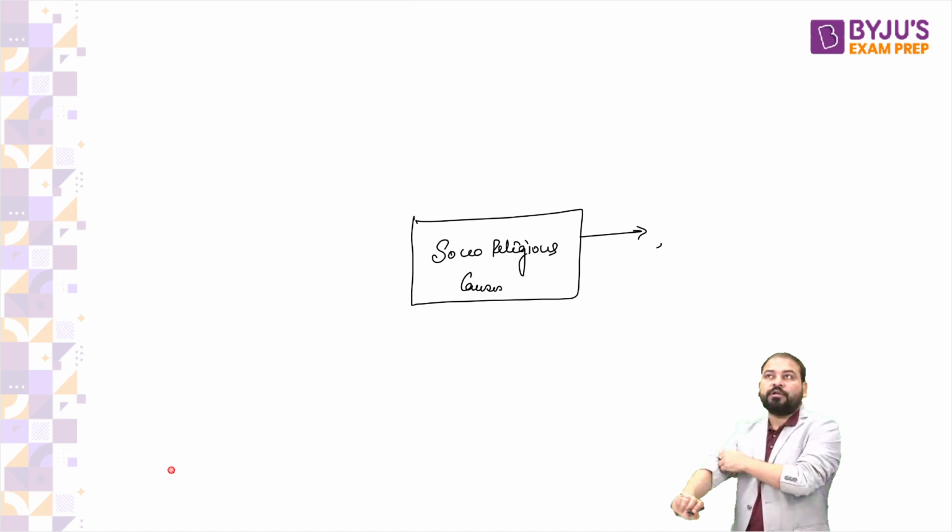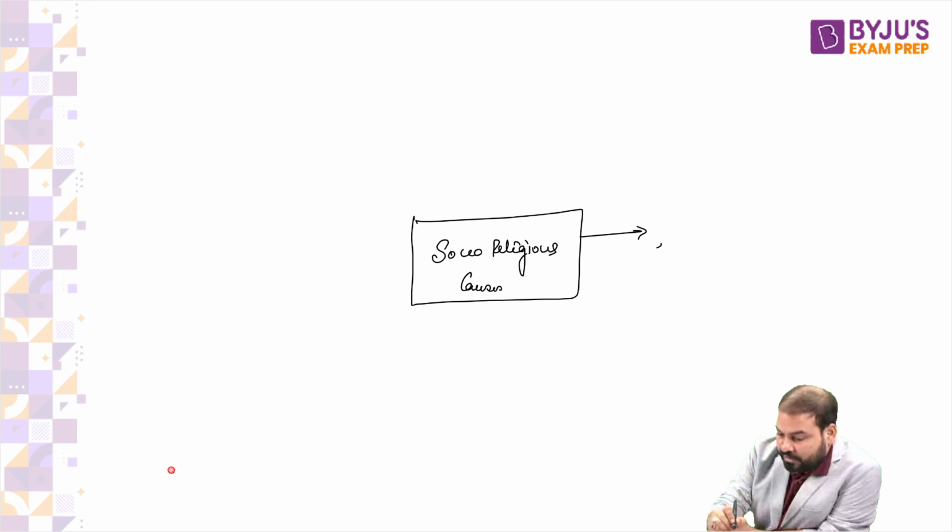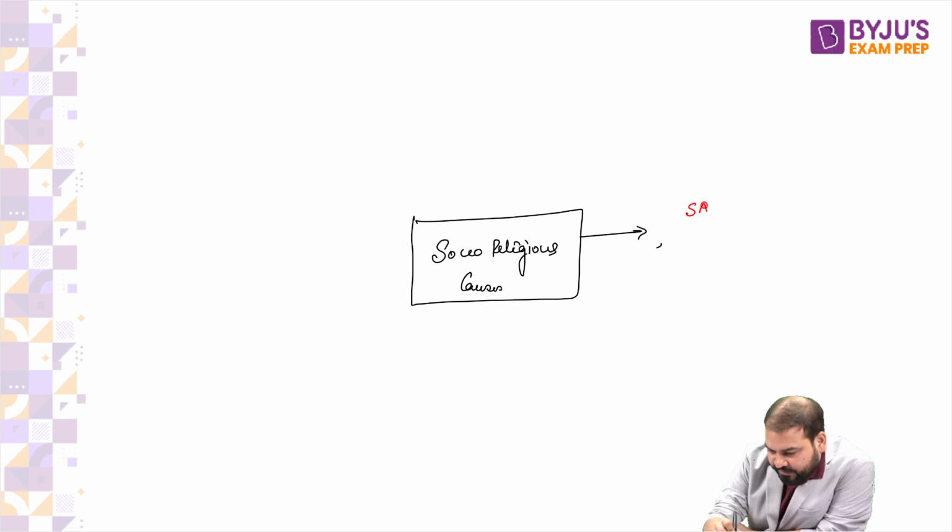Those who have done module number 7, 8, who ended sati in India? All of you, who ended sati in India? Who brought the Widow Remarriage Act in India?